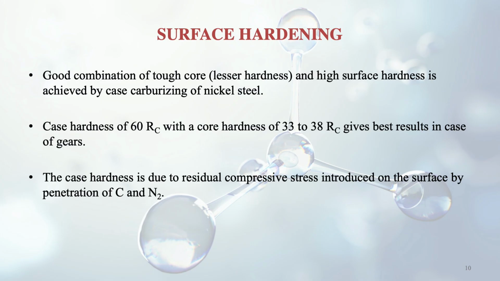The case hardness is due to residual compressive stress introduced on the surface by penetration of carbon and nitrogen. So this case hardening is taking place by the residual compressive stress that is induced by the penetration of carbon and nitrogen gas.